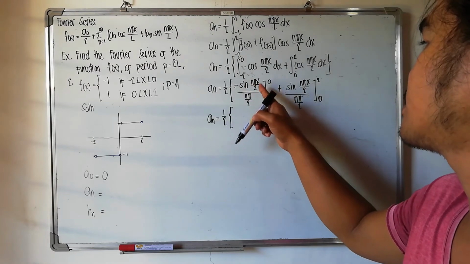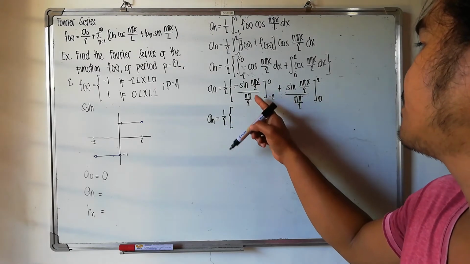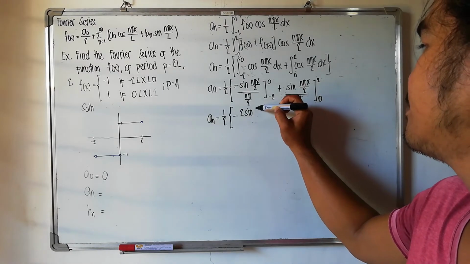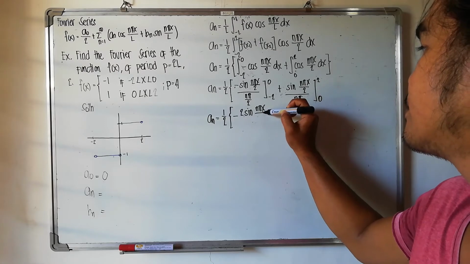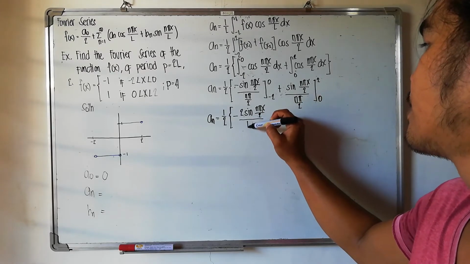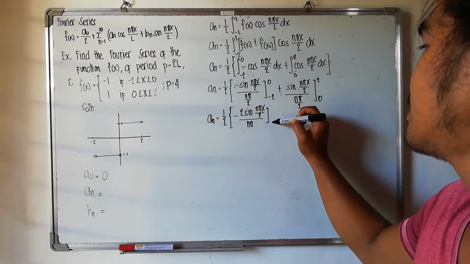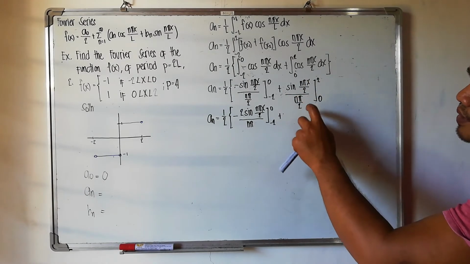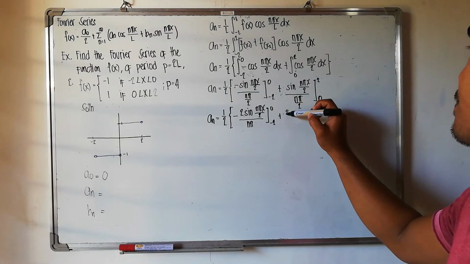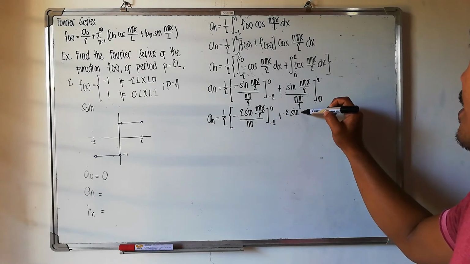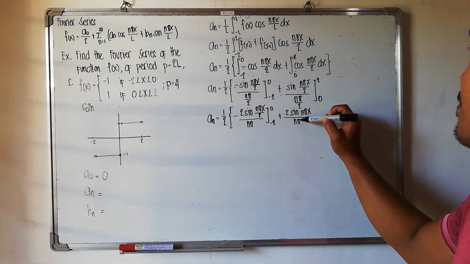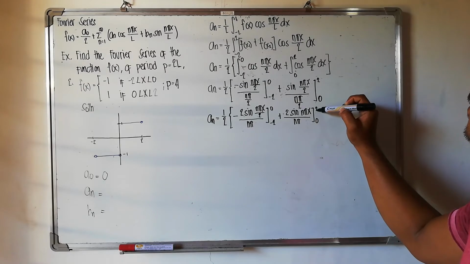So sine n pi x over 2 divided by n pi over 2, so that will be negative 2 sine n pi x over 2 over n pi from the limit of negative 2 to 0, plus sine n pi x over 2 divided by n pi over 2, so that will be 2 sine n pi x over n pi, limits of 0 to 2.